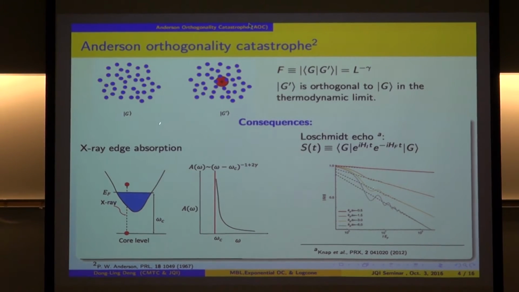For instance, it explains the power law X-ray singularity problem, and it also leads to a power law decay of the Loschmidt echo. This Loschmidt echo can be experimentally measured in cold atomic systems.